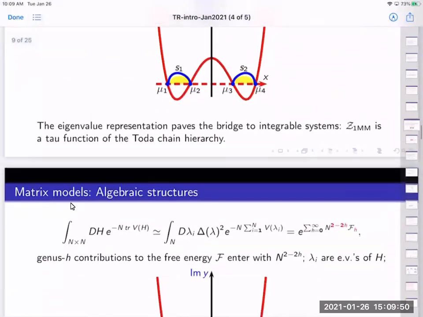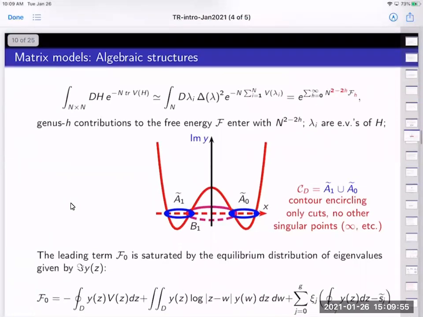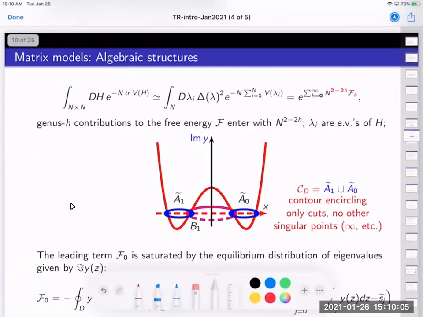Okay, so let's continue. So what are the corresponding analytic and algebraic structures? It's the same picture as we had on the previous slide, just I want to consider it as a complex plane.